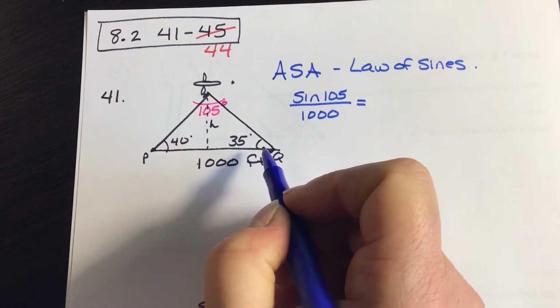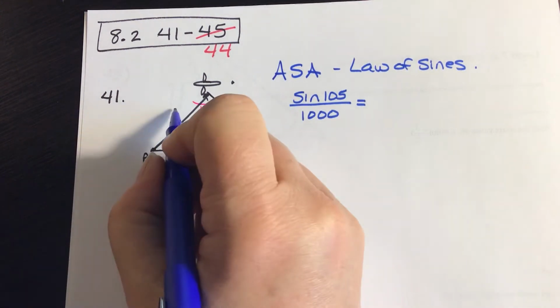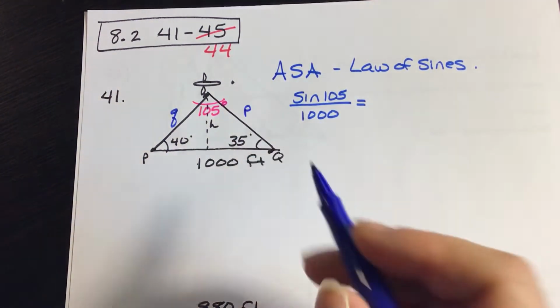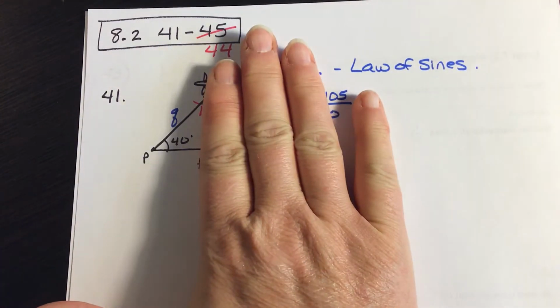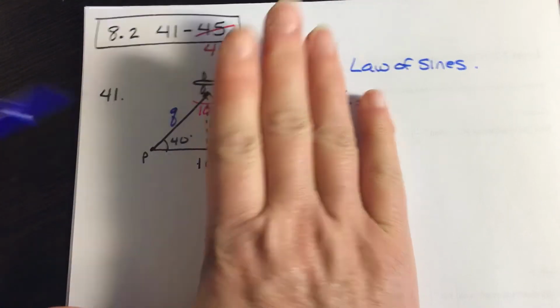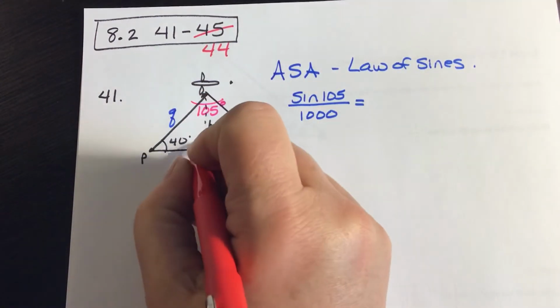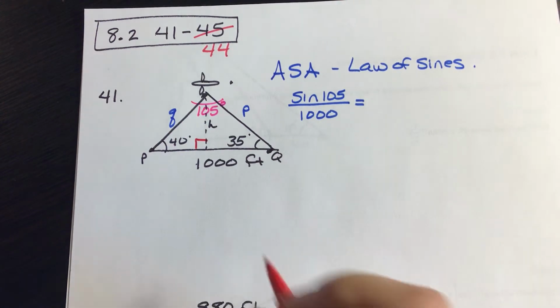My thought process in that is if I know the length of this side, which would be Q, or this side, which would be P, I would be able to use that information possibly to find the height, because I know that the height of something is going to be perpendicular to the ground.